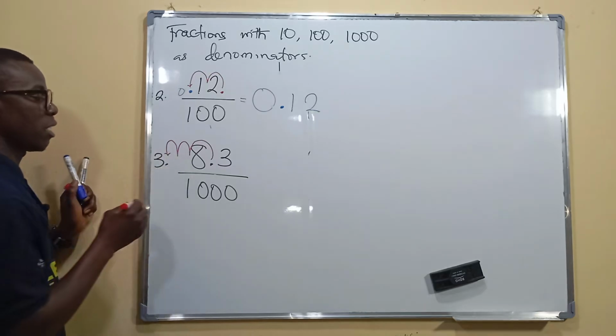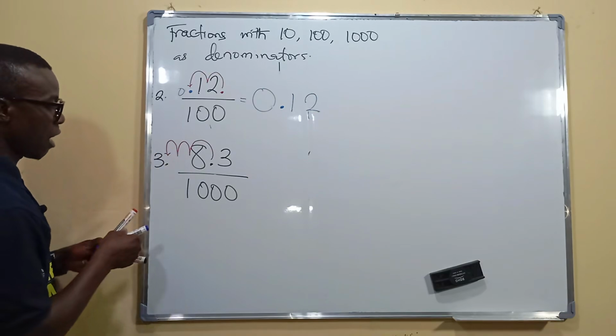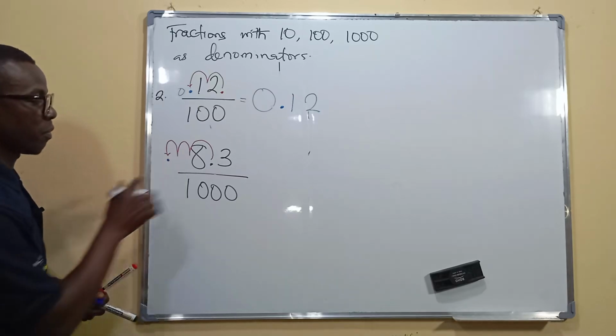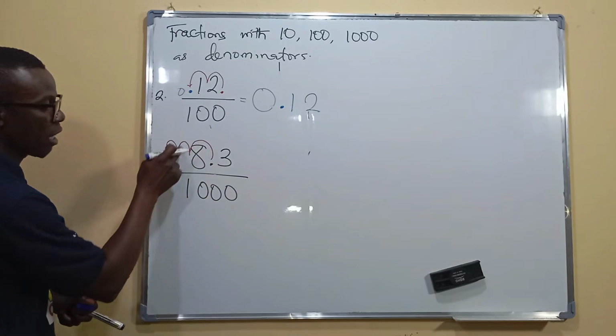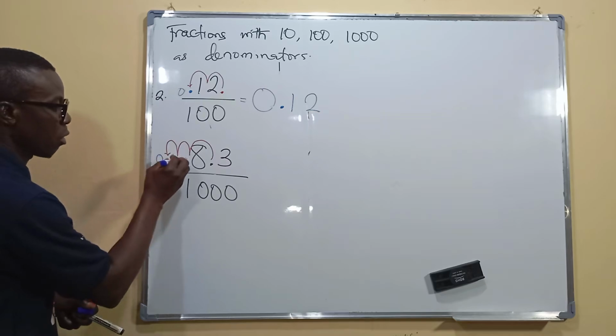Now the decimal point is here, and we have vacant spaces, so I'm going to fill those up with zeros.